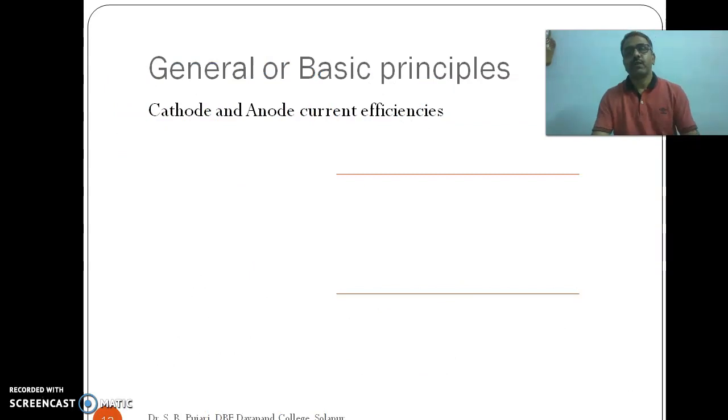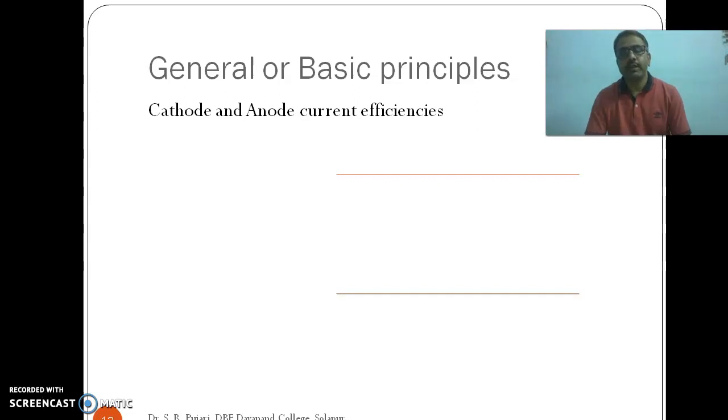Now we will start the general or basic principles of electroplating. The most important thing in electroplating is cathode and anode current efficiencies.